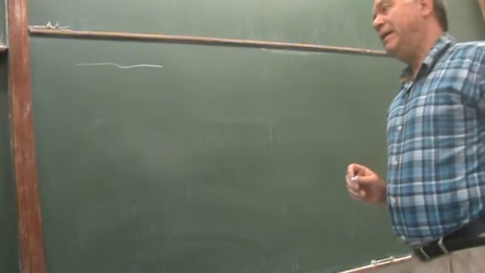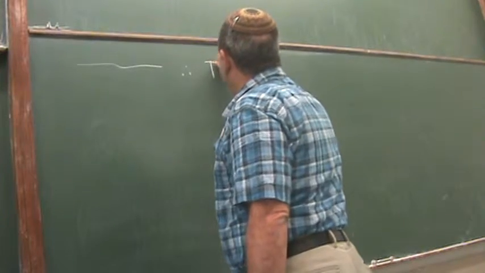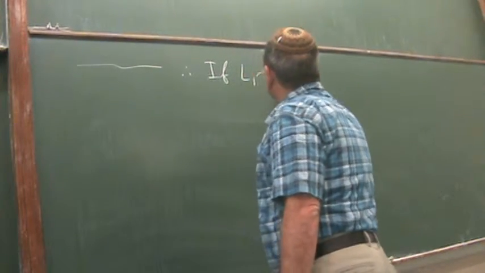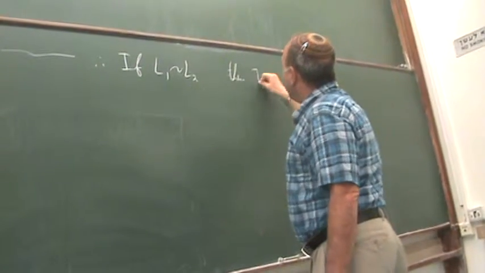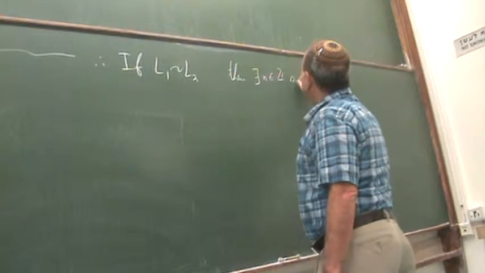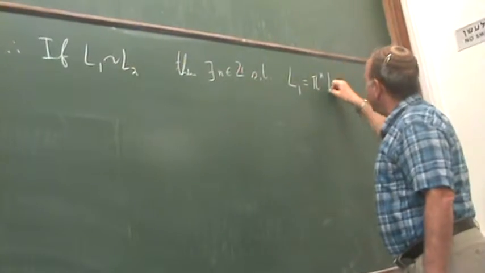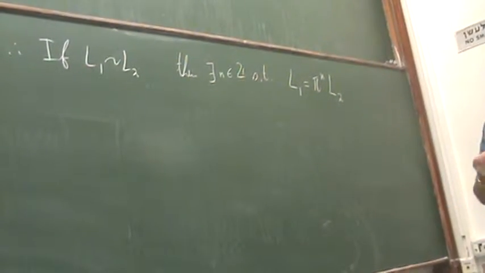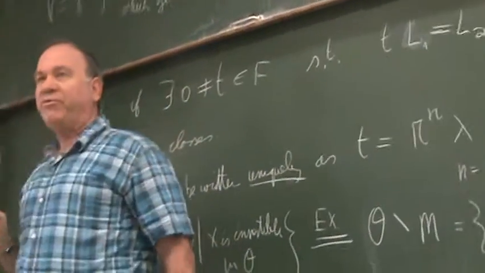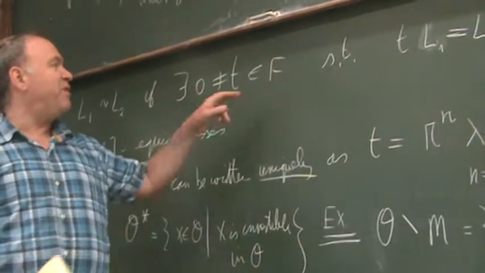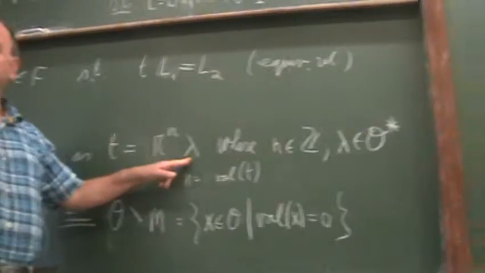Okay. So now it means, by the way, that if L1 is equivalent to L2, and that's something very important to remember, then there exists n in Z such that L1 is pi to the n times L2, because in principle I have to multiply by any non-zero element of F. But such an element is pi to the n times lambda.